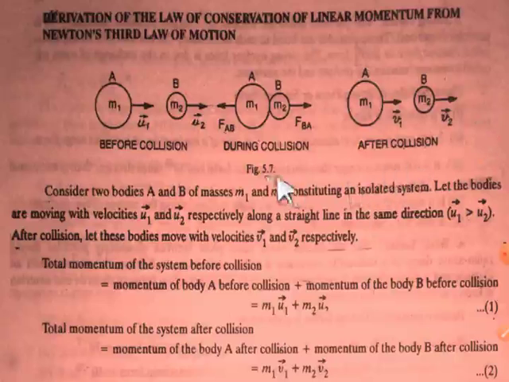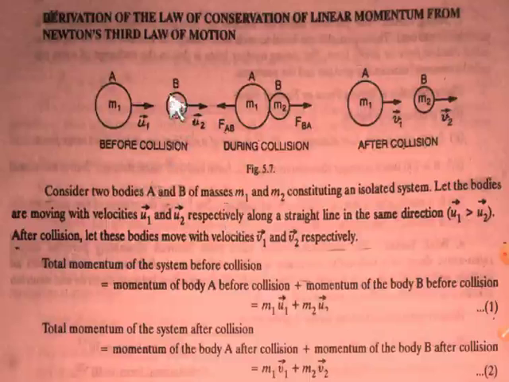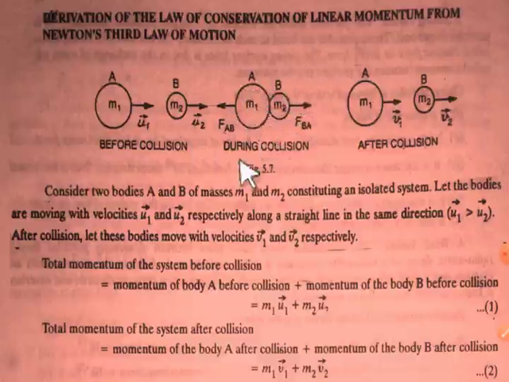After collision, let the velocities of the two bodies be v1 and v2 respectively. That means for body A, let the velocity after collision be denoted by v1, and the v2 vector represents the velocity of body B after collision. So this diagram is for the two objects before collision, and this is the diagram for the two bodies during collision.